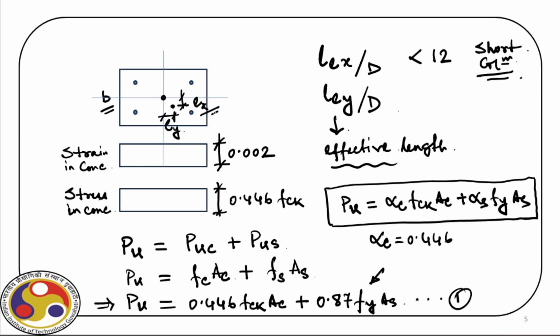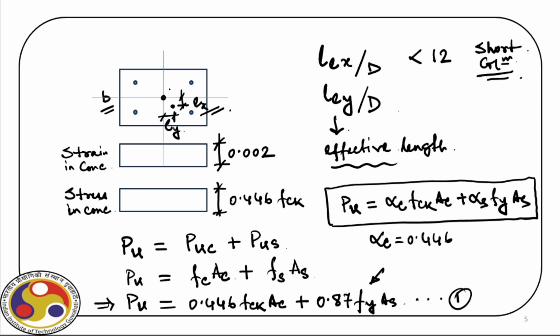Let us talk about eccentricity along X. Now, because of this eccentricity, you can easily sense that in addition to the axial compression, we'll also have a moment. If the load is applied here, it will apply a moment about this centroidal axis, which is the load, maybe say P times the eccentricity.